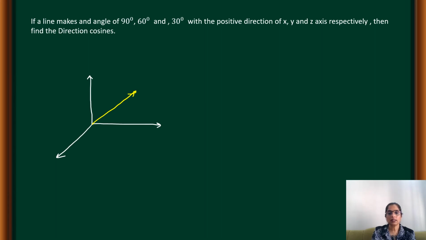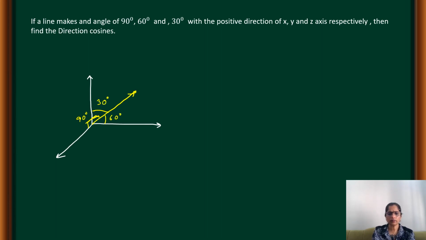This line is making a 90-degree angle, 60-degree angle and 30-degree angle respectively with x, y and z. That means this angle is 90 degrees here, this is going to be 60 degrees, and this is going to be 30 degrees.